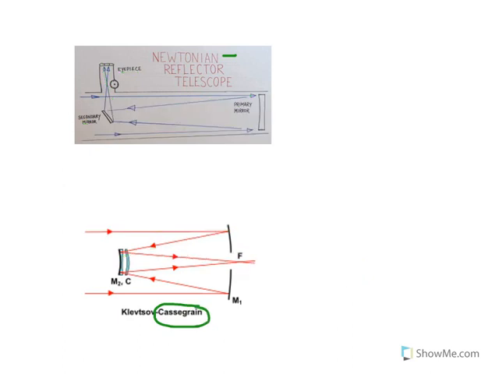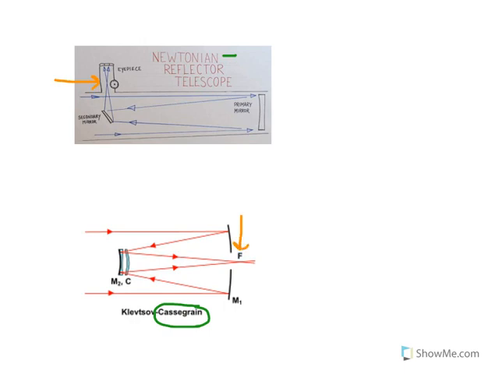I've cleaned up my picture to illustrate our telescope focal length in this case. Now recall, with a refractor, it was the distance from the lens to the focal point, where the focal point is where the light rays cross.